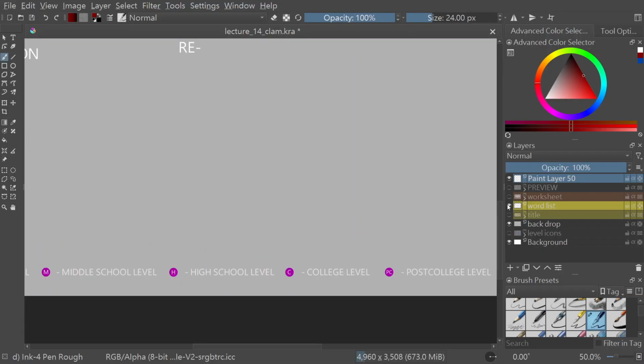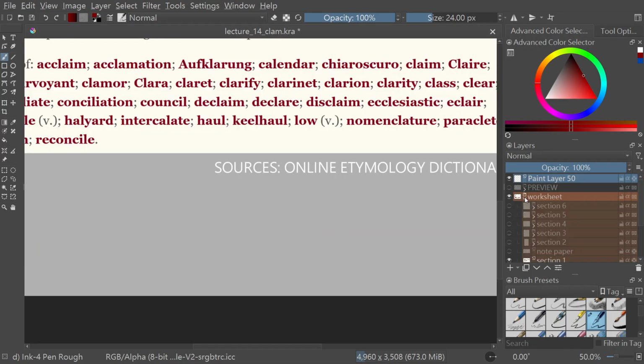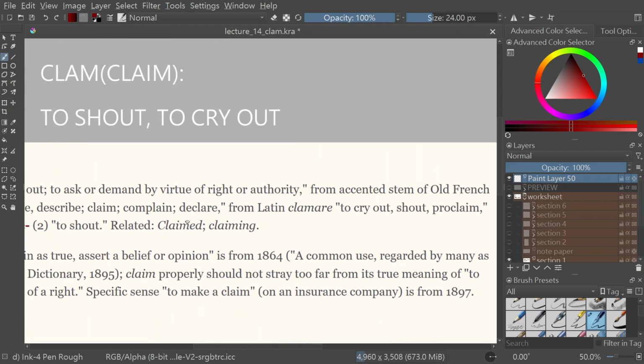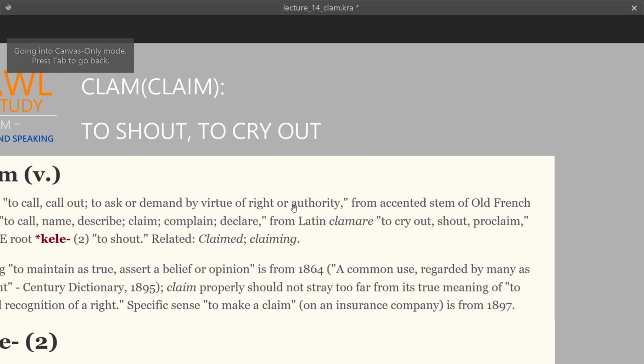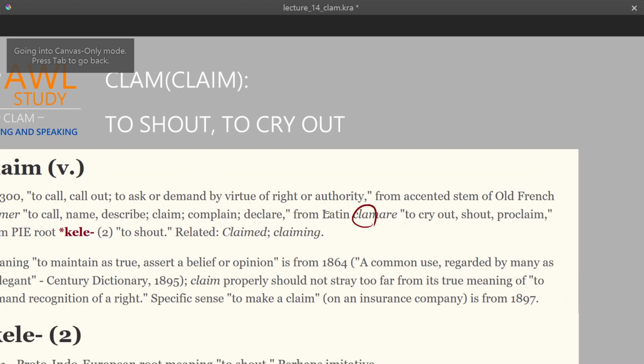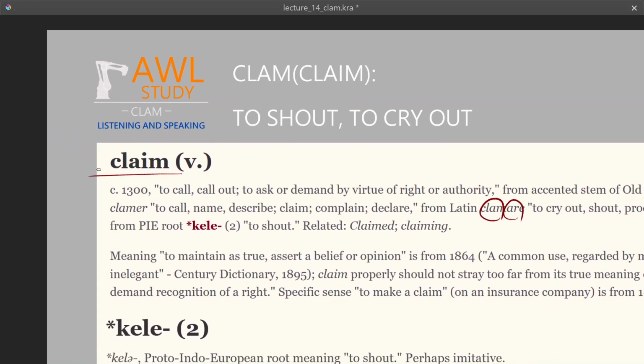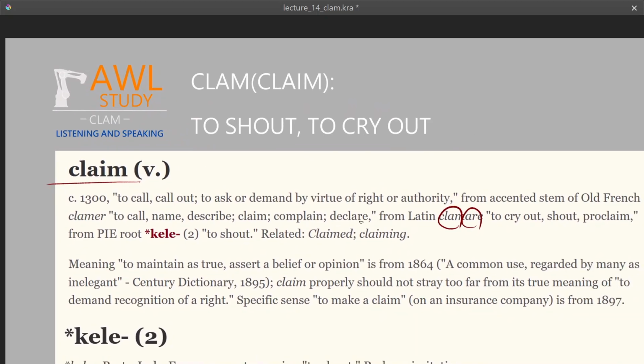Alright, so let's dive into the root itself. You have the root clam, followed by the verb suffix -ate. And claim is the variant of clam.